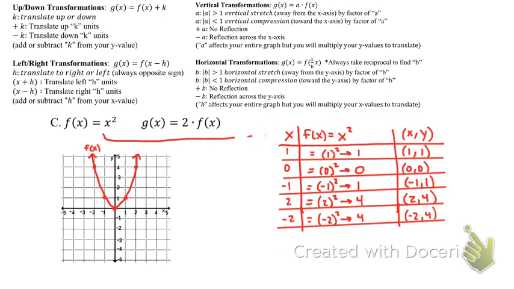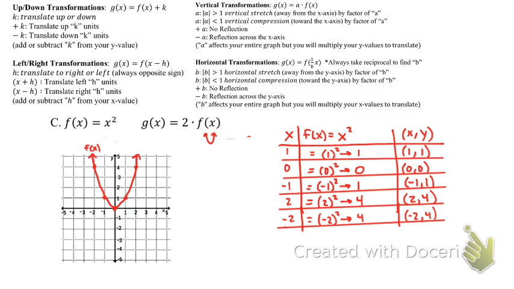Now, I'm going to take our drawing of f of x and multiply it by 2. So think of it this way. We're going to take our drawing and multiply that drawing by 2.